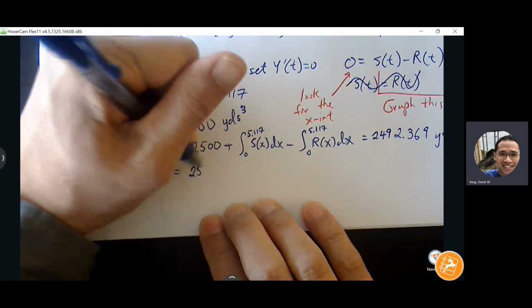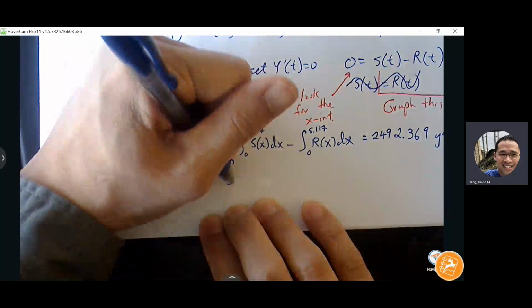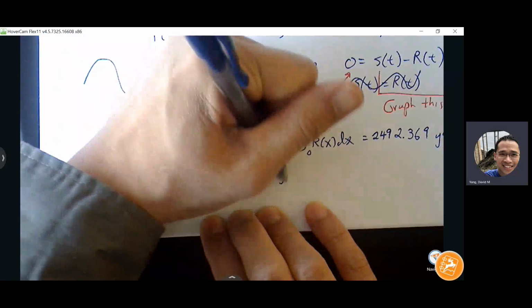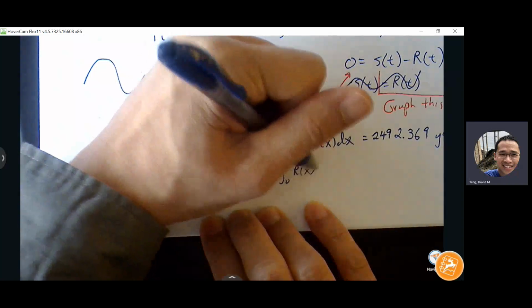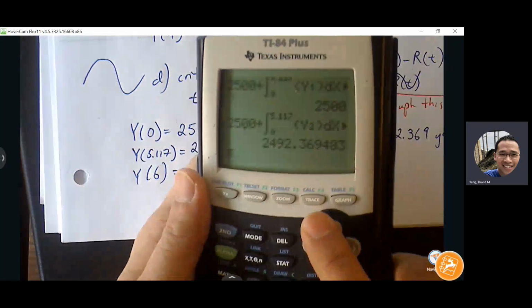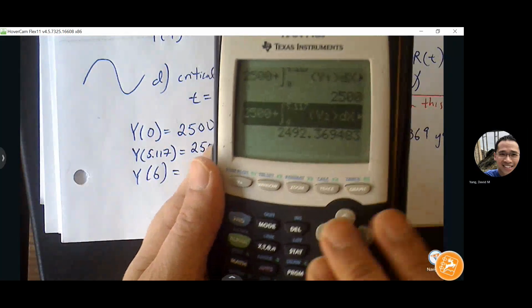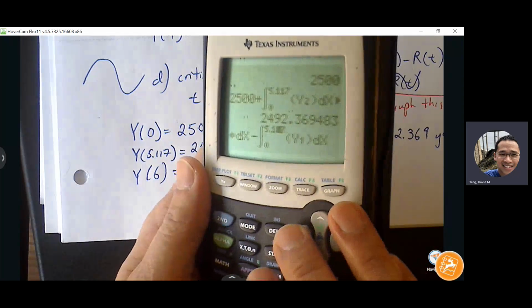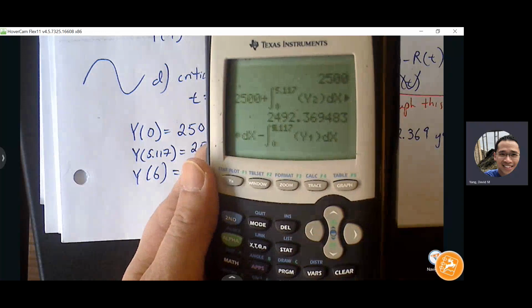So that's 2,500 plus 0 to 6 of s of x dx minus 0 to 6 of r of x dx. If you want, you can just go back and recall the same thing that you did before and just change the upper bound to 6. That could save some keystrokes there.